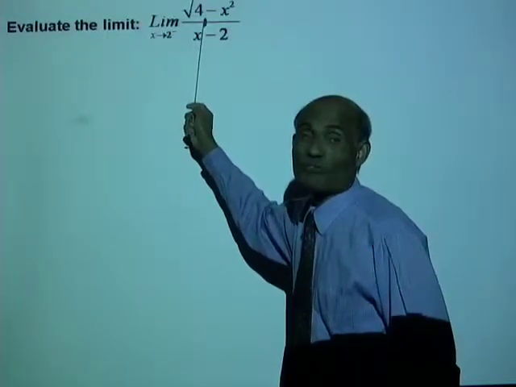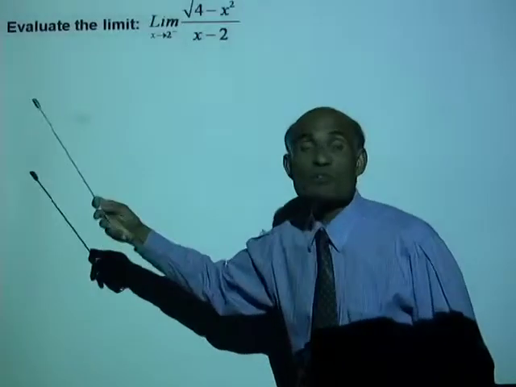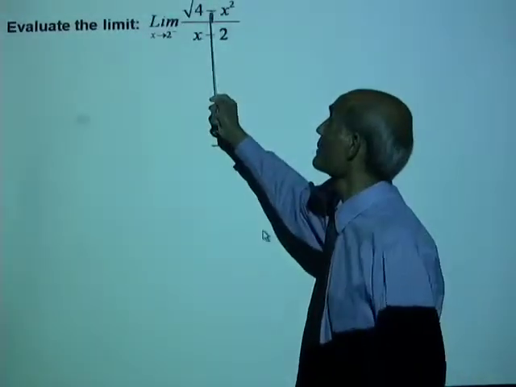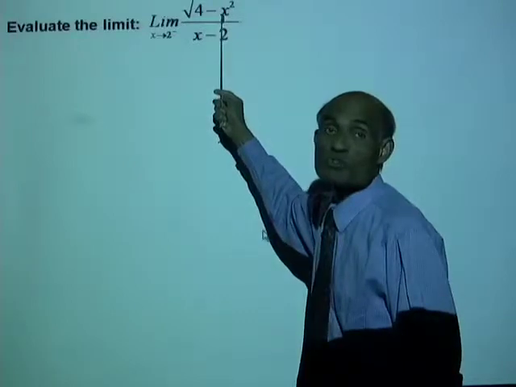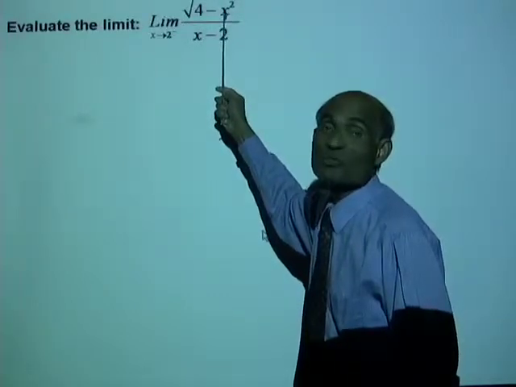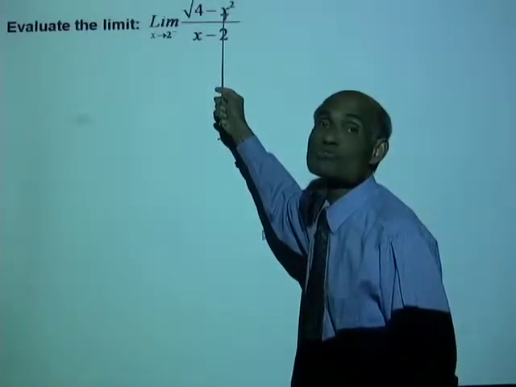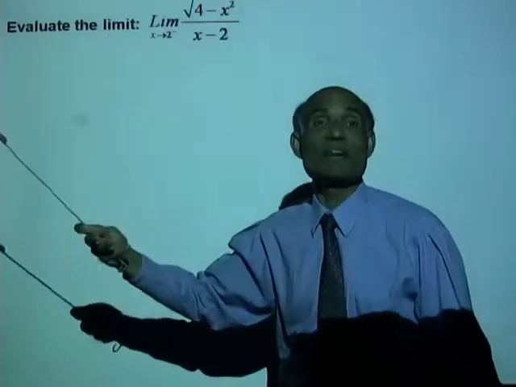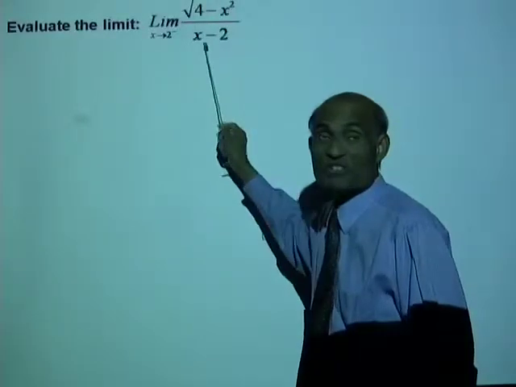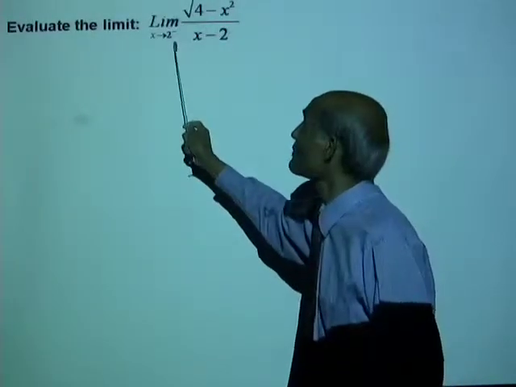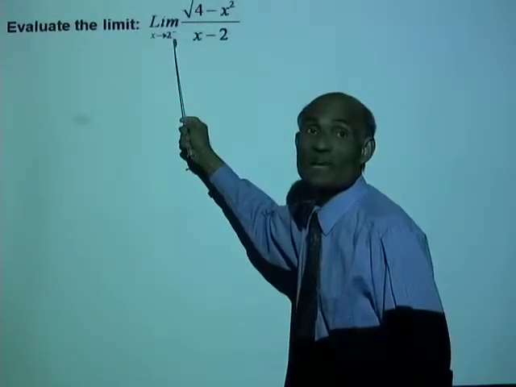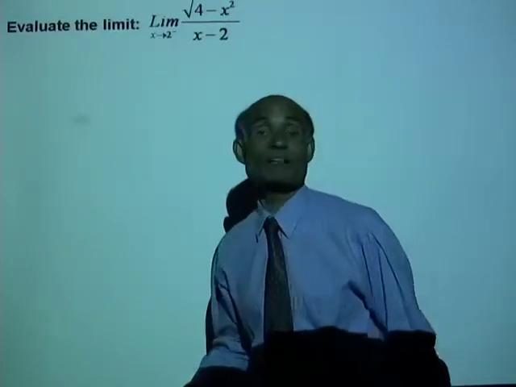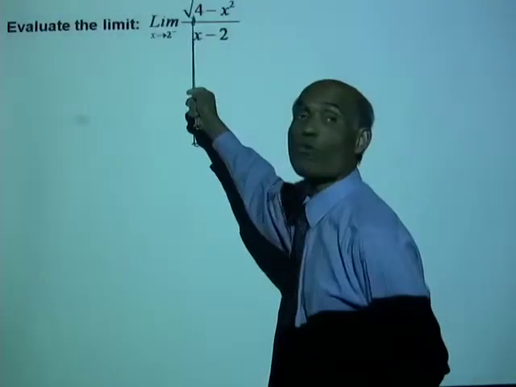Because x cannot approach 2 from the right. Why not? Because if x approaches 2 from the right, x squared will be greater than 4, and inside the square root you get a negative sign. So this quantity is defined only if x approaches 2 from the left. In other words, x squared has to be less than 4.